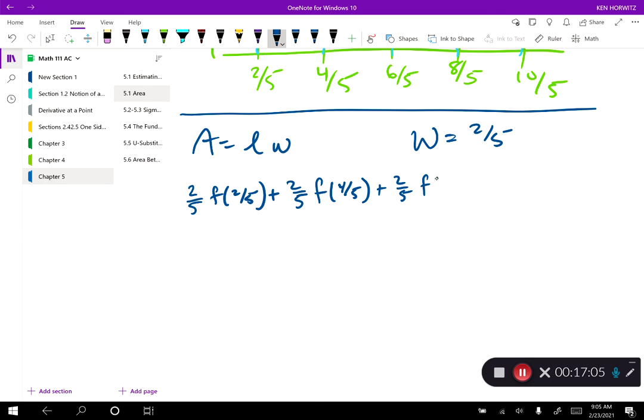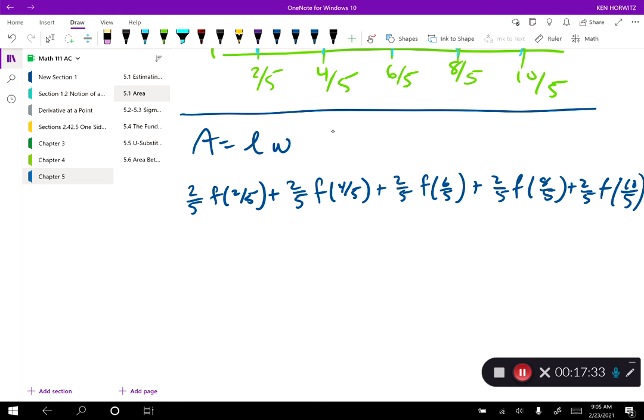Now my third height is going to be f of 6/5, times f of 8/5, (10/5) or 2.